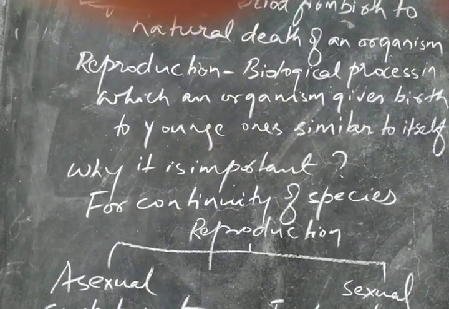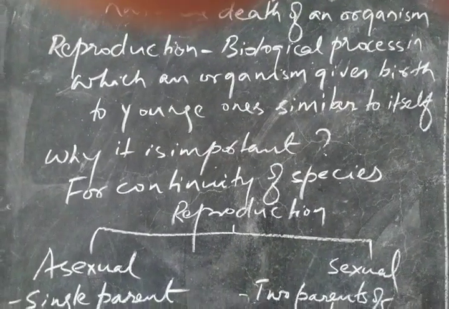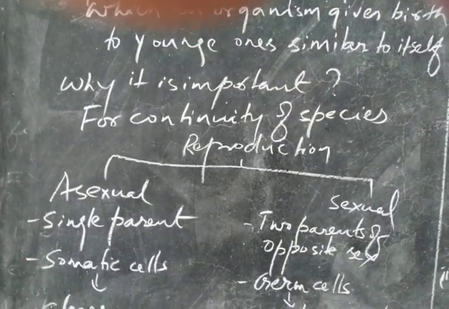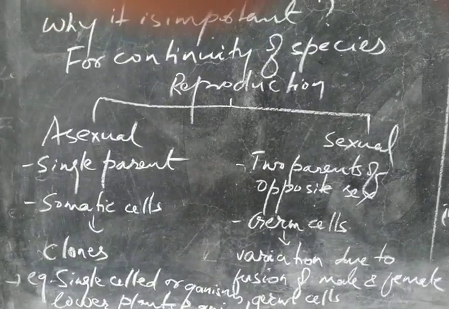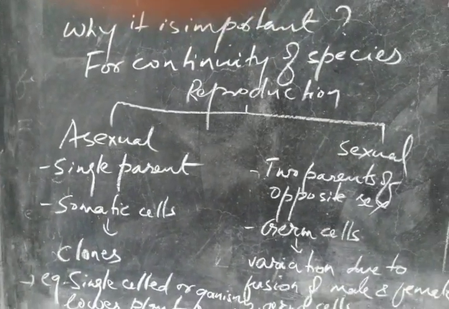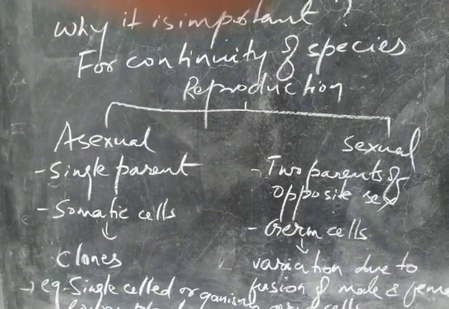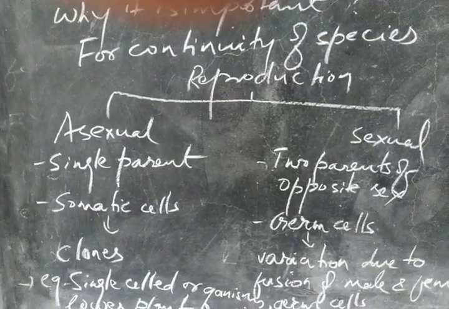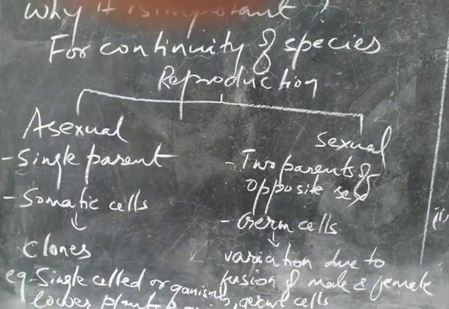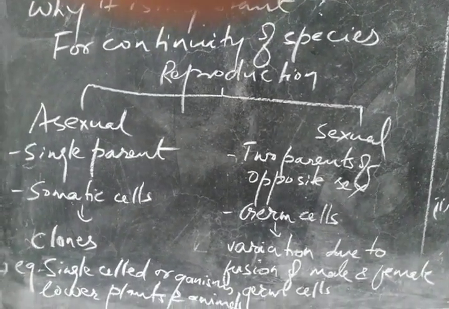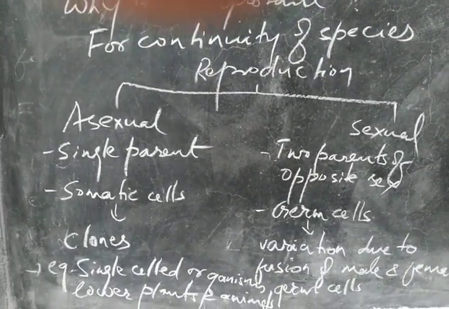So we know that there are two types of reproduction, asexual and sexual. The common differences are: in asexual reproduction, a single parent is required, whereas in sexual, two parents of opposite sex are required. In asexual reproduction, somatic cells, that is body cells, are involved, whereas in sexual, germ cells that contain male and female gametes are required.